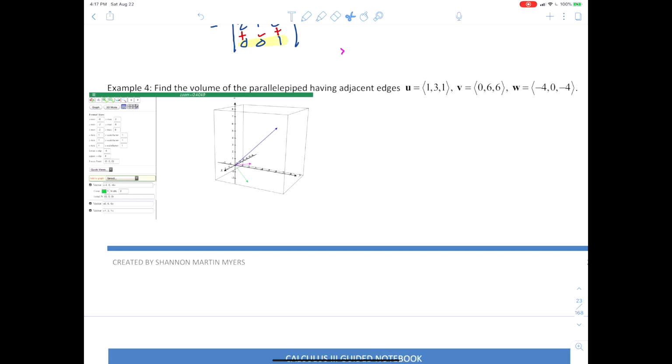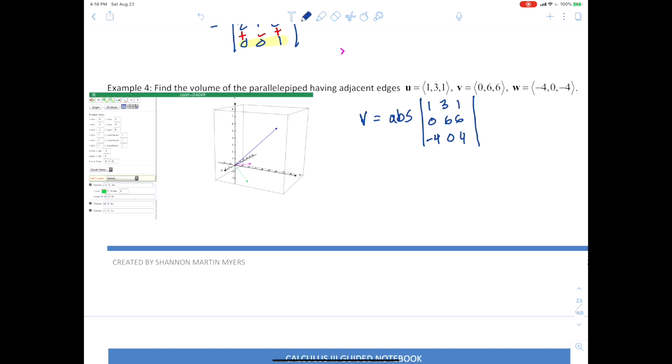So here the volume of this is going to be the absolute value of the determinant formed by the components of these three vectors.